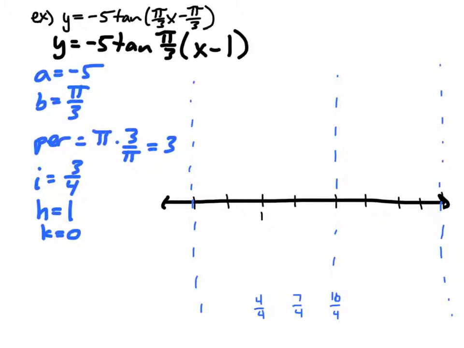I'm just going to keep adding 3/4. Now, why am I writing it at the bottom? So I can reduce them in a second. 13/4, 16/4, 19/4, 22/4. And then moving the other way, 4/4 minus 3/4 is 1/4, and negative 2/4.